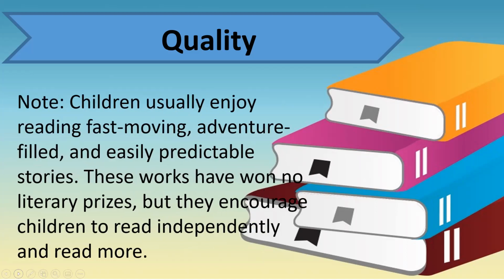Okay, next. So children usually enjoy reading fast-moving, adventure-filled, and easily predictable stories. These works have won no literary prizes, but they encourage children to read independently and read more. Okay? So they like fast-moving, adventure-filled, and easily predictable stories. Why?